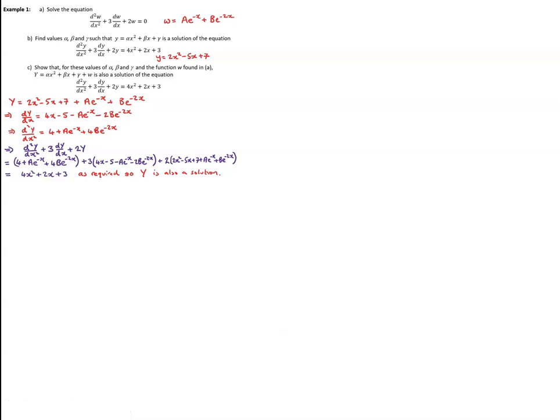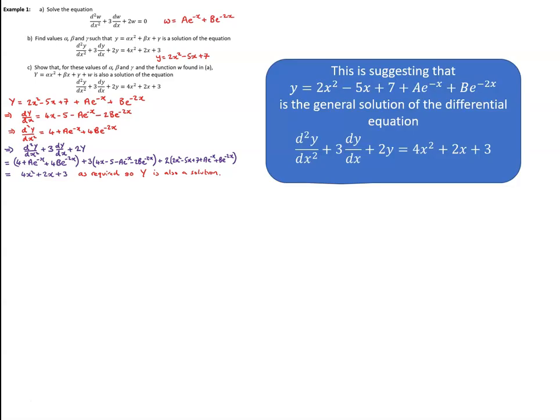Now, for the next, what this is doing is it's suggesting that y equals 2x squared minus 5x plus 7 plus ae to the minus x plus be to the minus 2x is actually the general solution of the differential equation. So notice that this general solution consists of two parts.